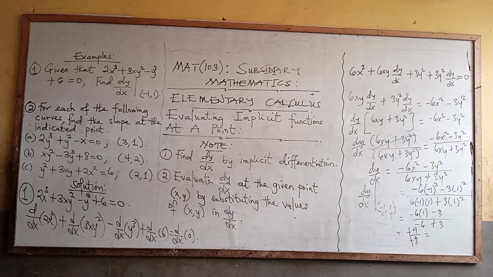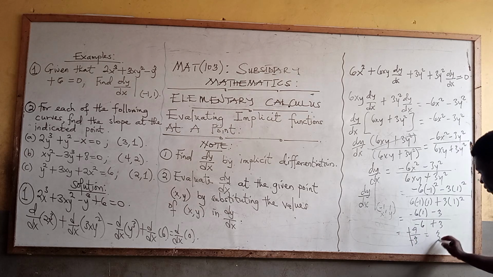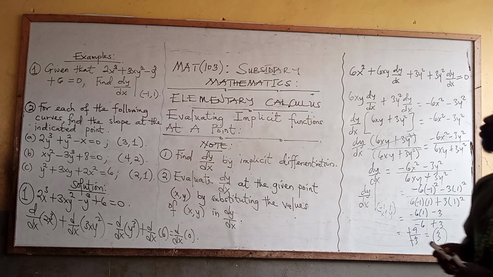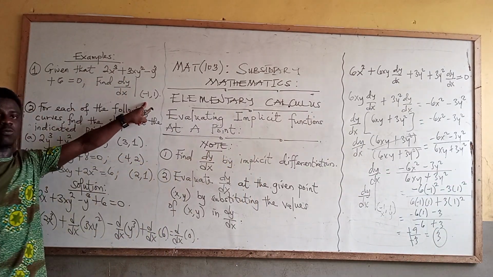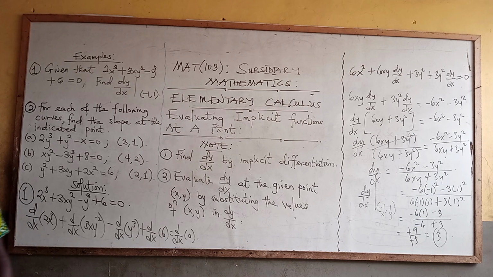So dy/dx at (-1, 1) is positive 3. Very simple and trivial as well.